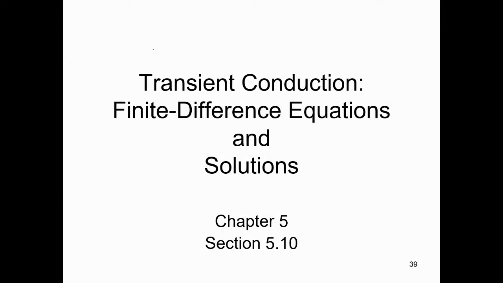So we have another method in this chapter. We will discuss the finite difference method. But the finite difference method we already know in chapter 4. But in chapter 4 we didn't include time. But here we will include time.